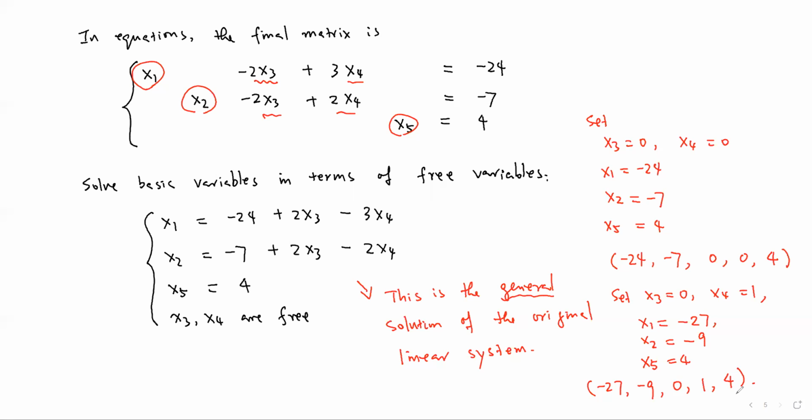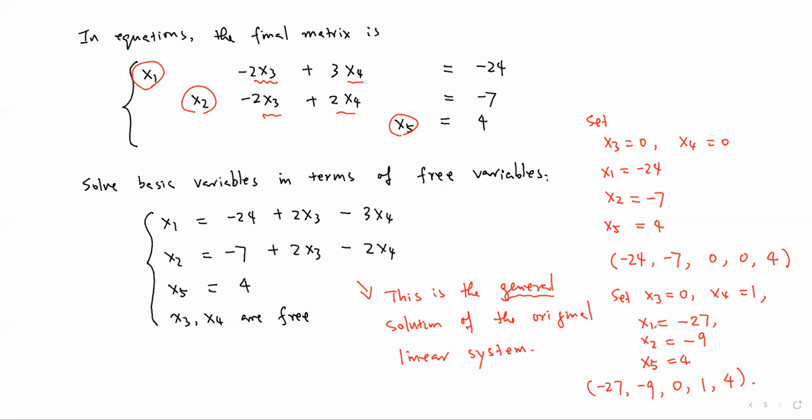Recall that a linear system has only 3 cases for its solutions: either no solution, or exactly one solution, or infinitely many solutions. Because I have found 2 different solutions, that linear system must have infinitely many solutions.